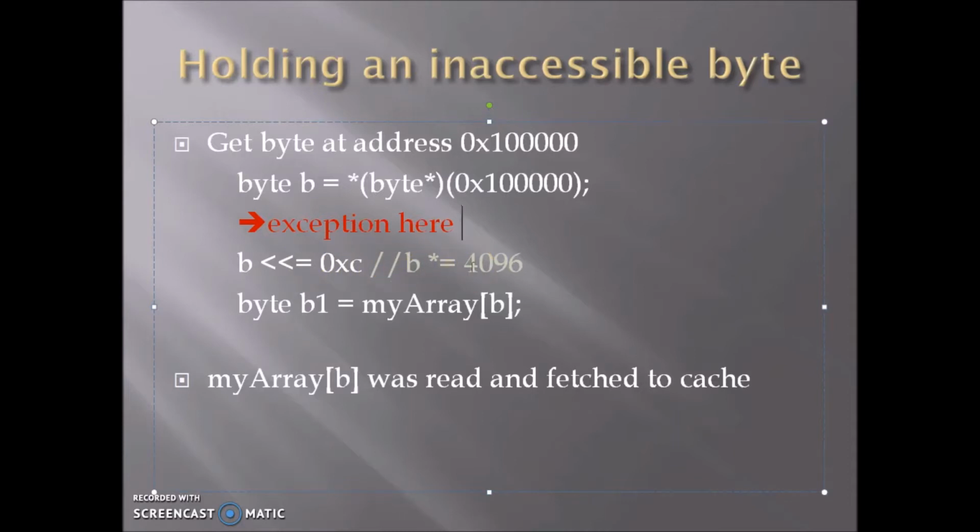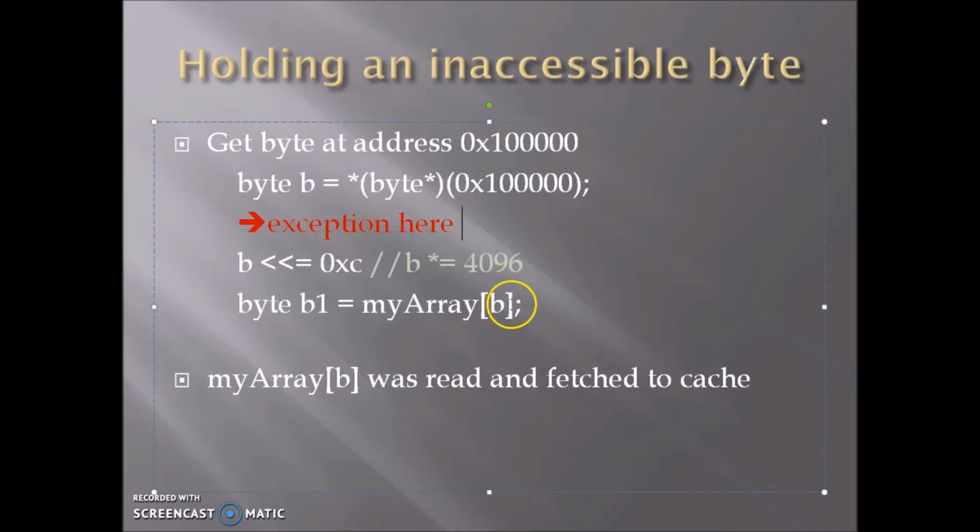We will later explain in the second phase why we do this. But let's just say we multiplied it by 4k, and then we read into another byte the address of an array we hold at the index of b, which is the value multiplied by 4k.